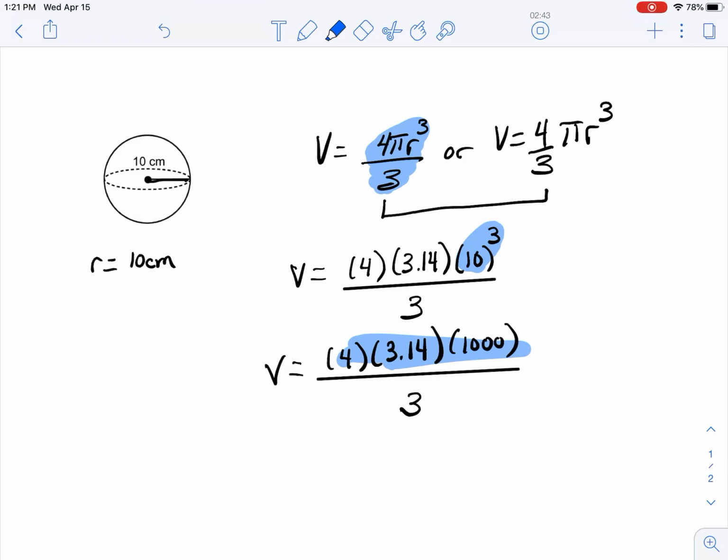Okay, your choice, all in at once, or you can do it in steps. I'm going to multiply up top first. So when I do that, oops, we have to change that over to the pen. Get 12,560.